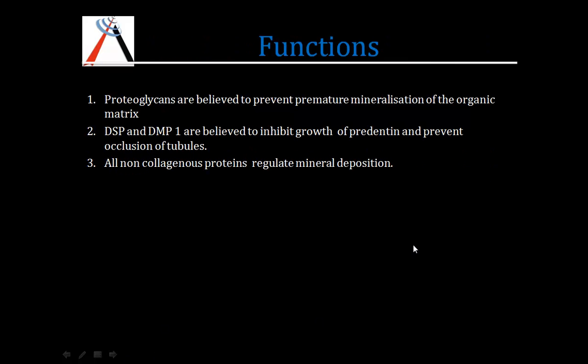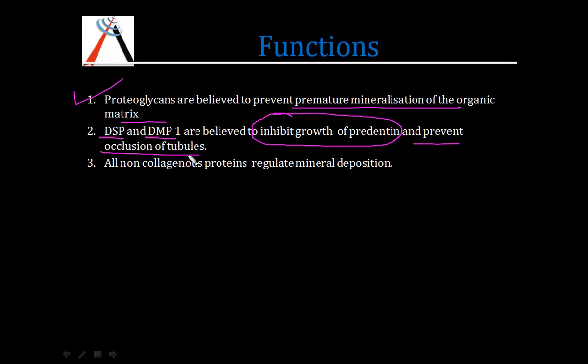The functions of all these dentine proteins, whether they are proteoglycans or glycoproteins, are as follows. Proteoglycans are believed to prevent premature mineralization of the organic matrix. The DSP, that is the dentine sialoprotein, and the DMP, that is the dentine matrix protein, inhibit the growth of predentine, and they also prevent the occlusion of the dentinal tubules.